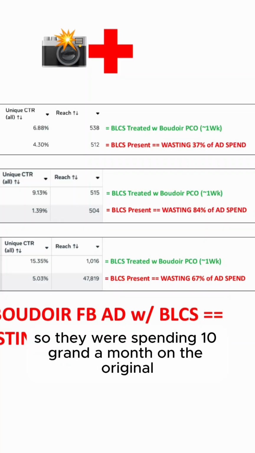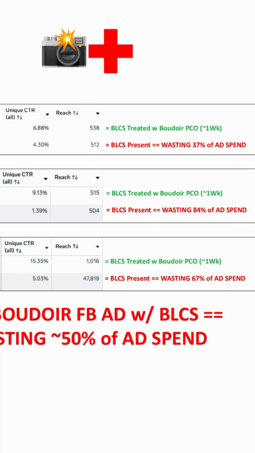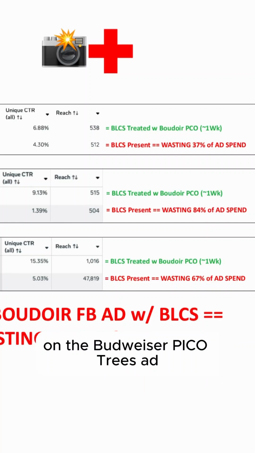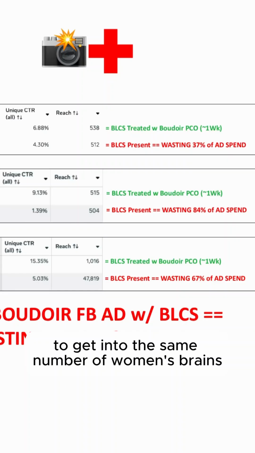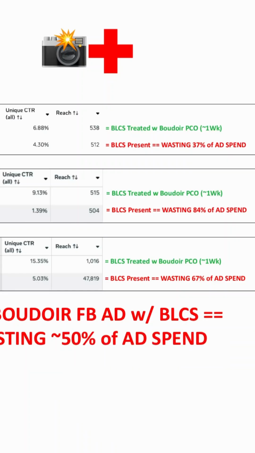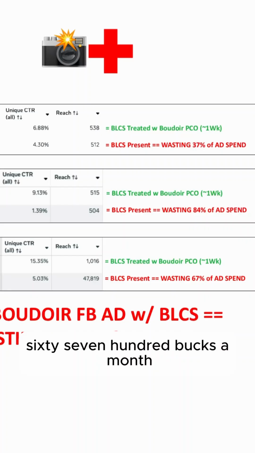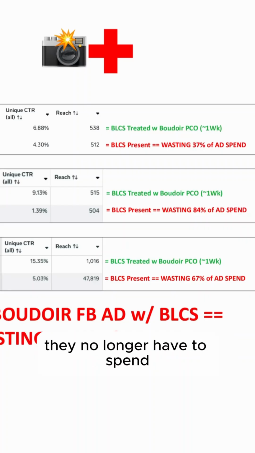So they're spending 10 grand a month on the original Boudoir Facebook ad. Now they only need to spend $3,300 a month on the Boudoir Pico treat ad to get it into the same number of women's brains. And as a result, that difference, $6,700 a month, they no longer have to spend.